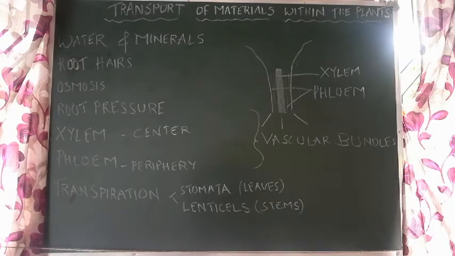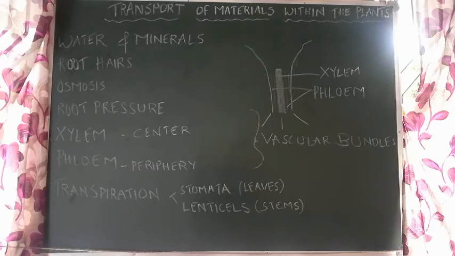I have told you water is absorbed in the roots and it moves upwards through the vascular bundle called xylem. So this is a continuous process. When the water reaches stomata and lenticels, the excess water keeps on coming out. The same water which is being absorbed, when it reaches these pores, gets evaporated into the surrounding air.